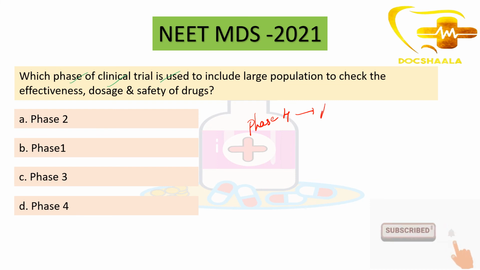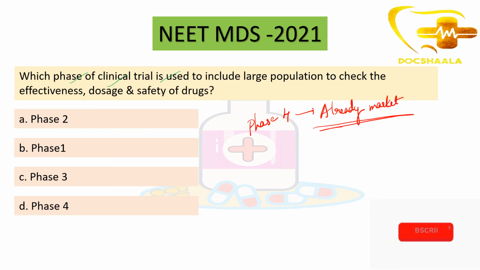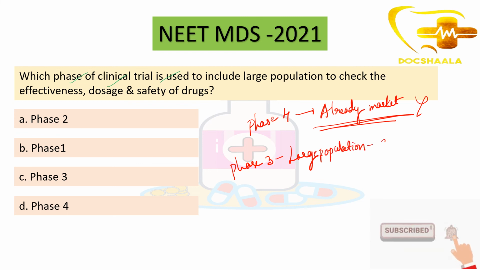It is already in the market. So this is not the one. In phase 3, we introduce it to a large population, around 3,000 people, and check their effectiveness and side effects.